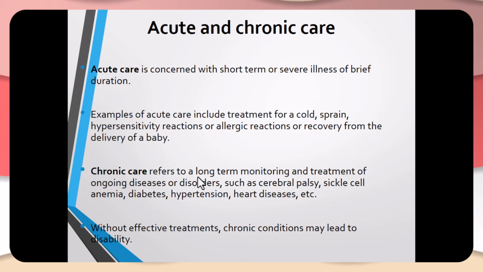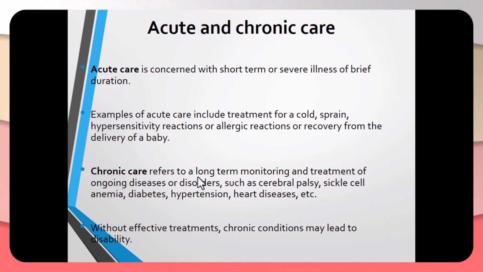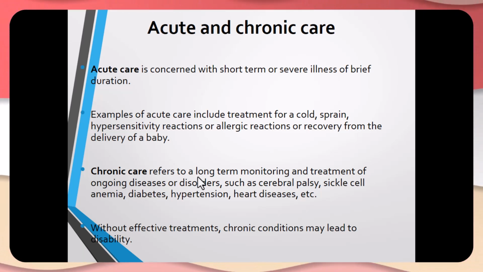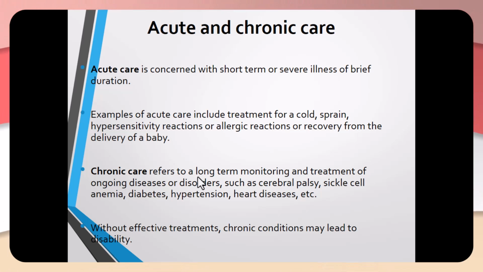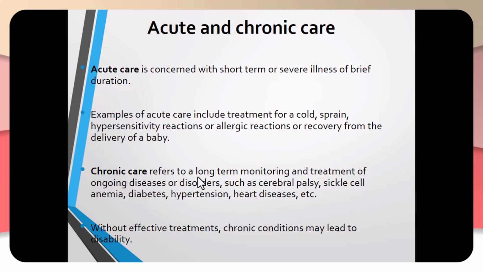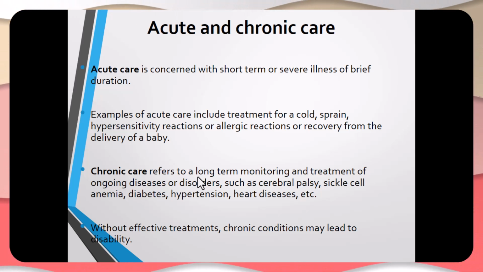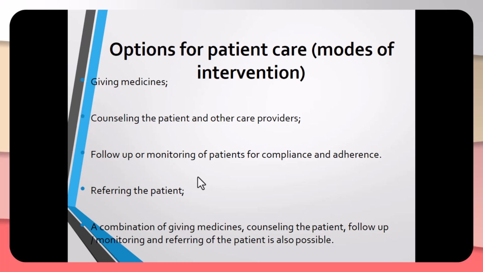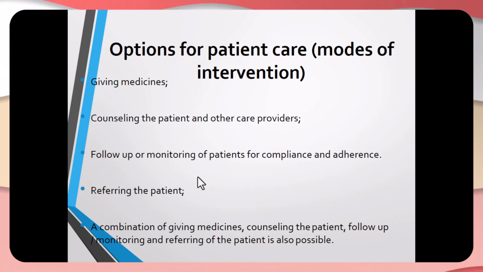What about chronic? You find that that refers to long-term monitoring and treatment of ongoing diseases or disorders such as cerebral palsy, and then sickle cell anemia, diabetes, hypertension, and then you can have heart diseases and so many others. So without effective treatment, you need to know the state of your patient. Okay, so what are the options for patient care or mode of intervention?